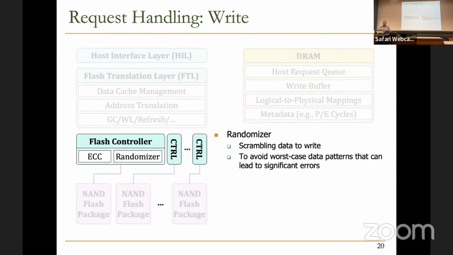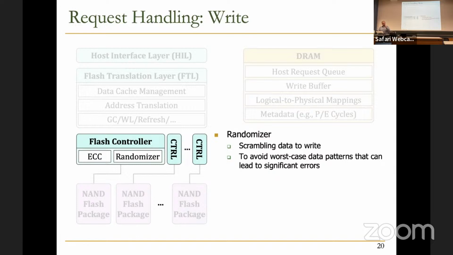When you deep dive into flash memory, you can learn about which data patterns can cause more reliability issues. These patterns can cause reliability issues as well as security issues. Once you know them, some people with malicious programs can use these patterns to cause reliability issues for your data. So that's why in the flash controller, you scramble your data with a key such that hopefully you can avoid worst case data patterns. That's the job of the randomizer.